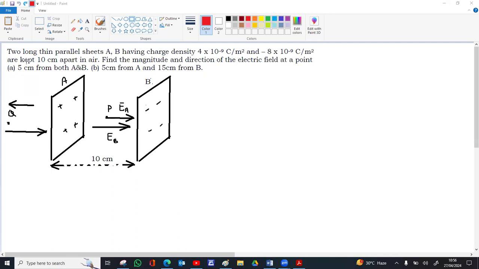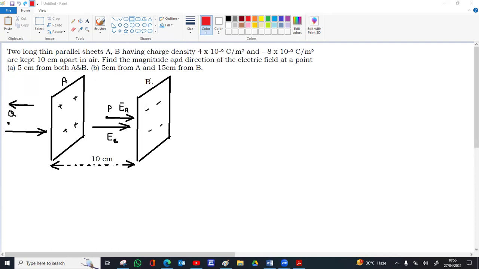There are two long thin parallel sheets A and B, A with positive charge density, B with negative charge density, placed 10 cm apart in air.